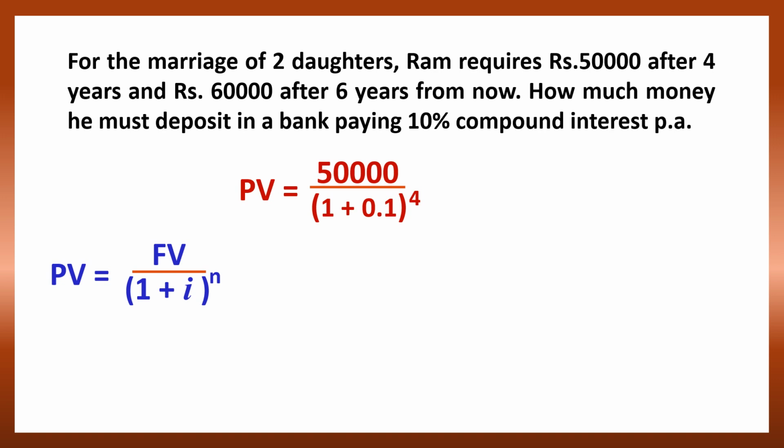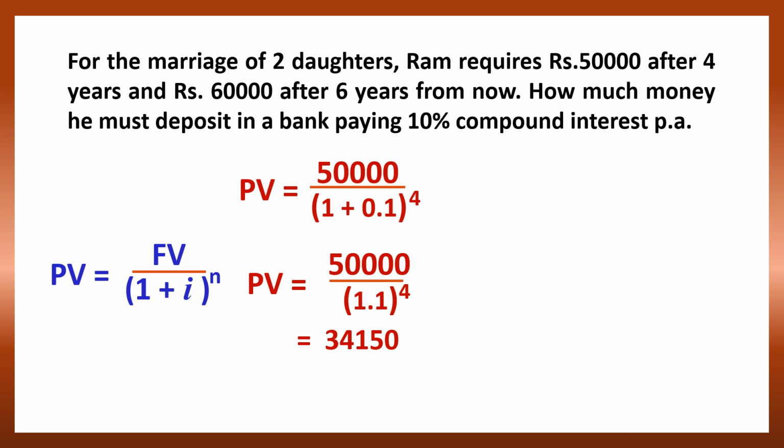Then 50,000 divided by 1.1 raised to 4, that is 34,150. So if we invest 34,150 now, we get 50,000 after 4 years. So we can suggest Ram to invest 34,150 now so that he can get 50,000 rupees after 4 years.